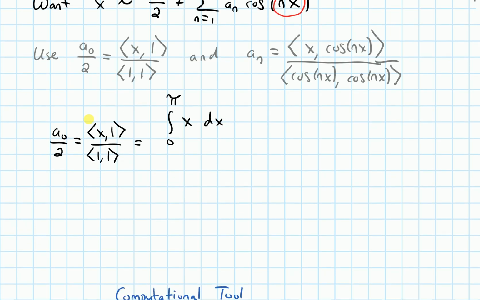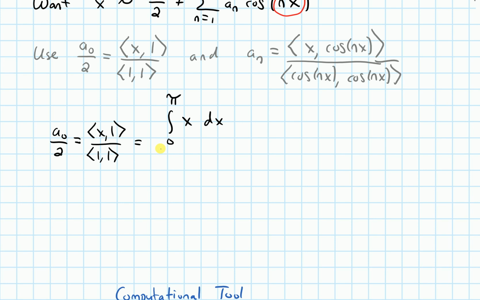On the bottom, we're going to have the integral from 0 to pi of 1 times 1, which is 1, dx. The antiderivative of x is x squared over 2, which we evaluate at 0 and pi.